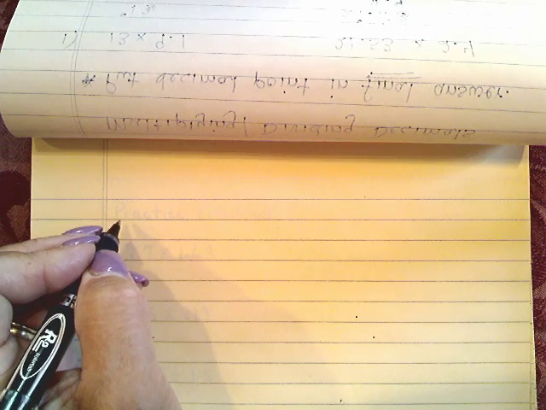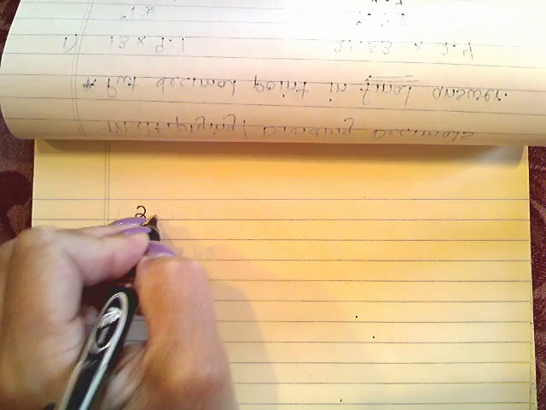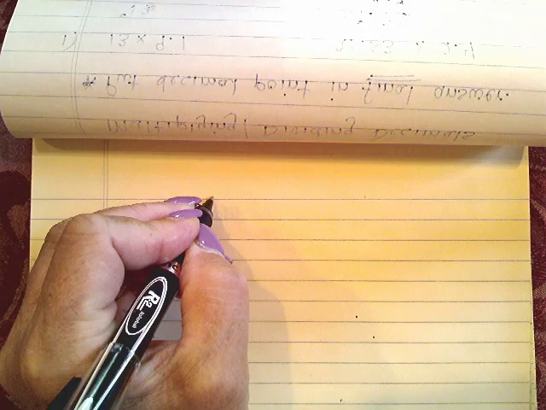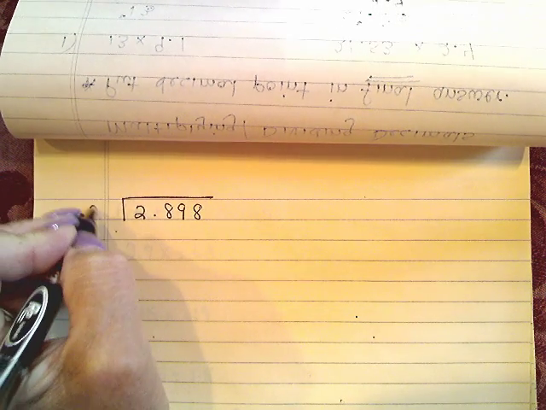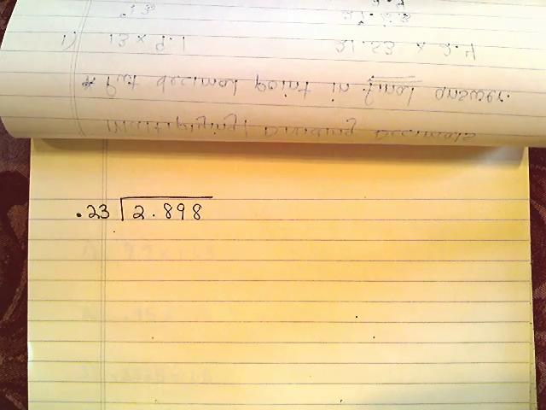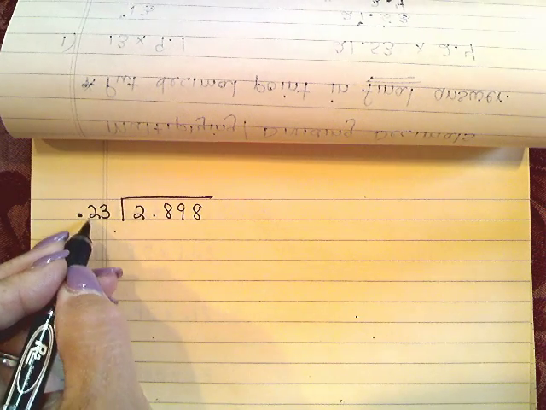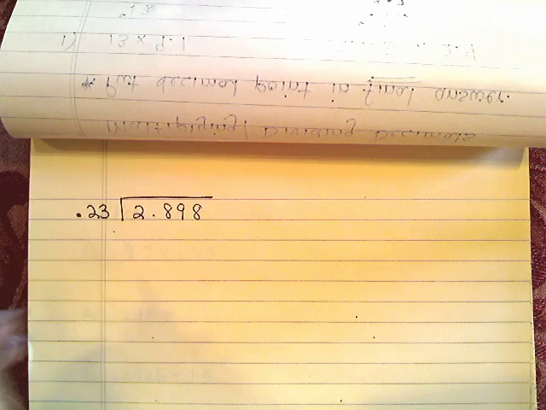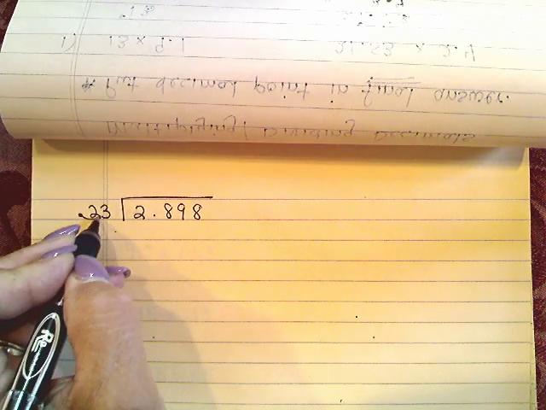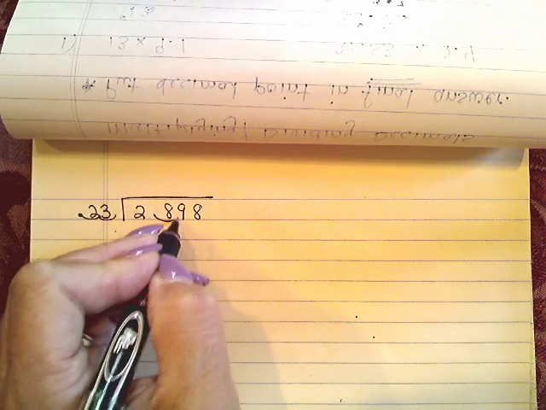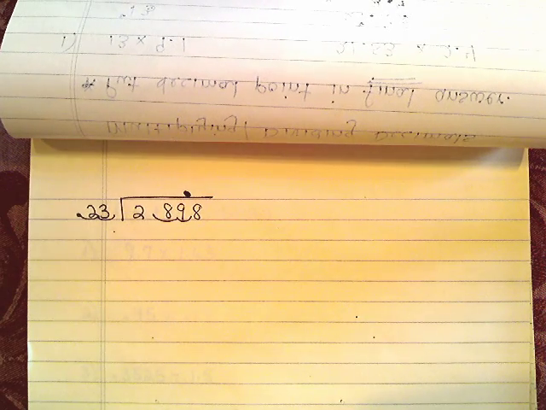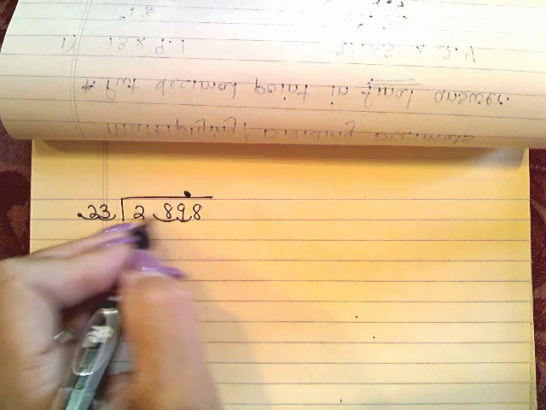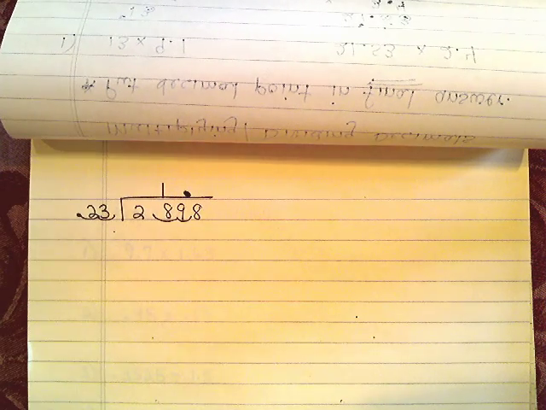All right, we have 2 and 898 thousandths divided by 23 hundredths. Now here we have 2 decimal places in the divisor, and it has to be a whole number. So I move that over 2 times, which means this has to move 2 times as well, and put it right up on the line. So 23 is going to go into 28 1 time.